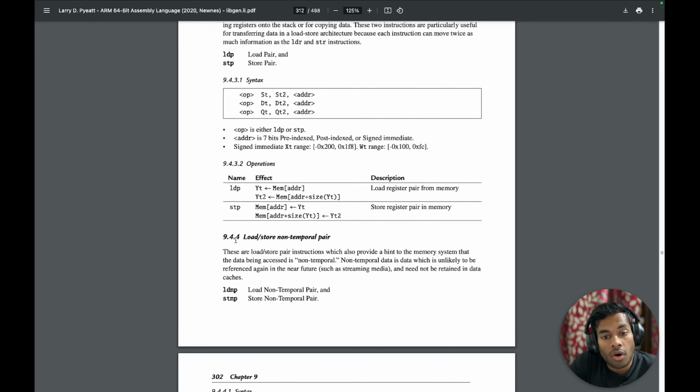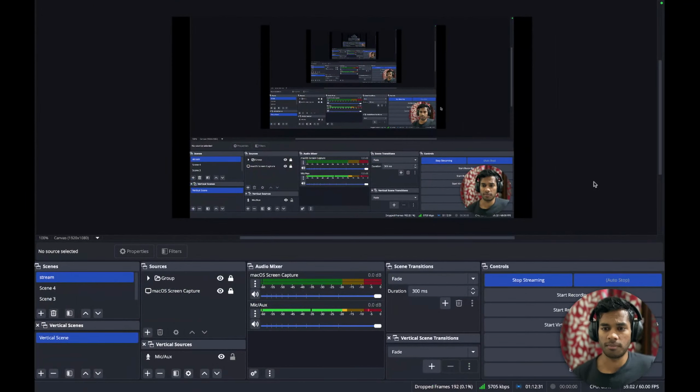Load is store non-temporal pair. I think I should go and wash my face and then come back to the stream. Frames have been dropped, and I'll just be back.